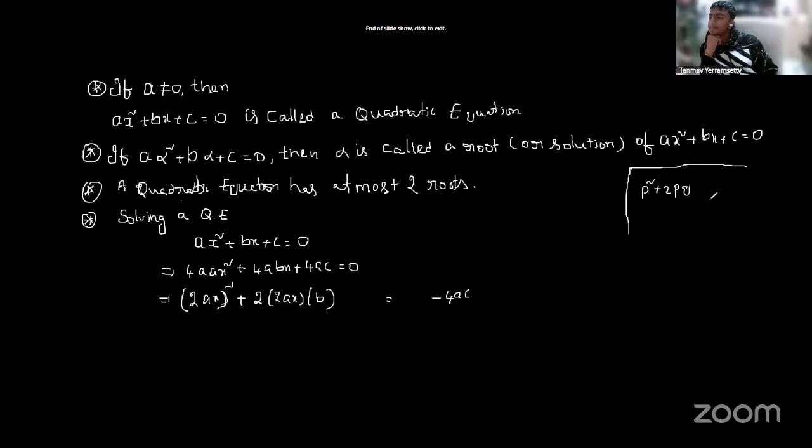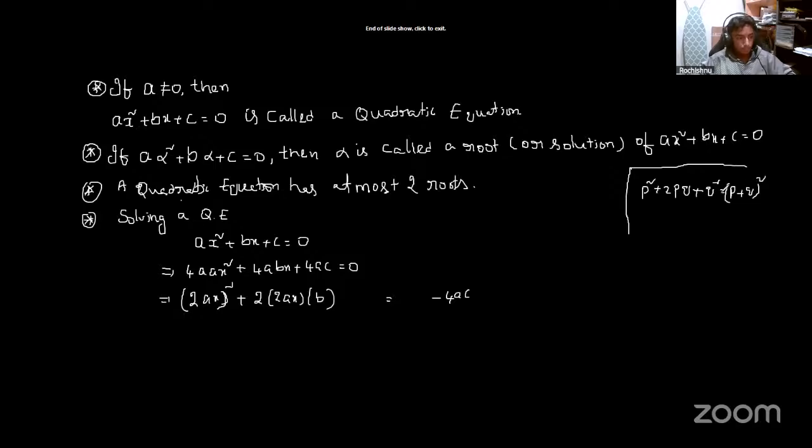Incompleted. How to make it complete? Plus q square. If there is plus q square, we can write it as p plus q whole square, right? So p square plus 2pq required q square to complete the a plus b whole square formula, right?